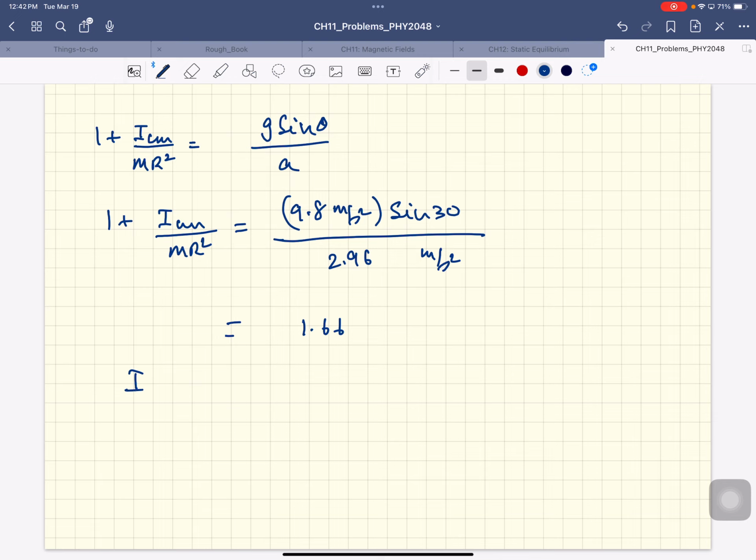So I center of mass over m r squared is 1.66 minus 1, which is 0.66. So I center of mass is 0.66 m r squared.